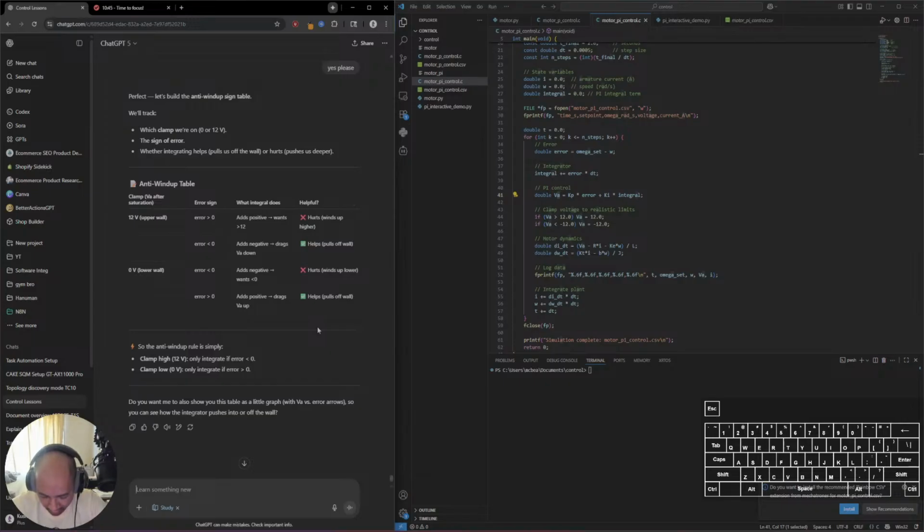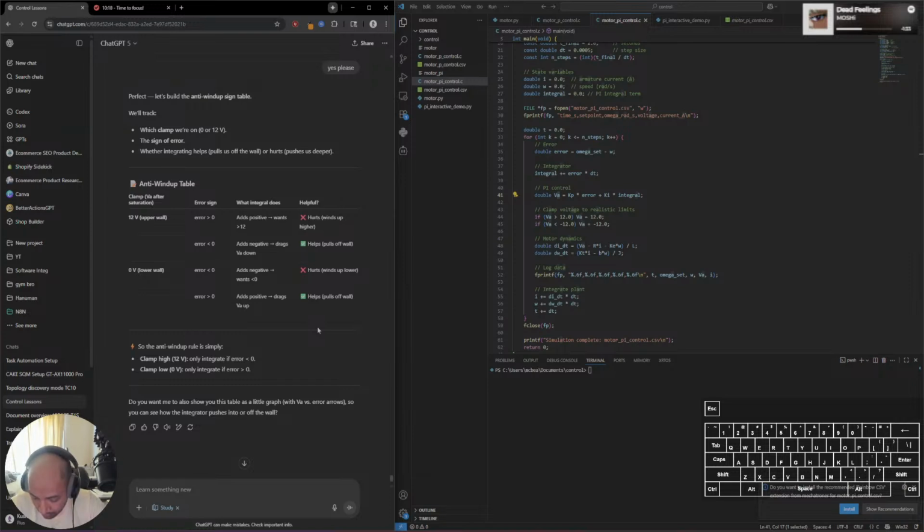Okay. So, anti-wind-up table. Let's write that real quick. We've got 12 volt upper wall. Error sign. What the integral does.